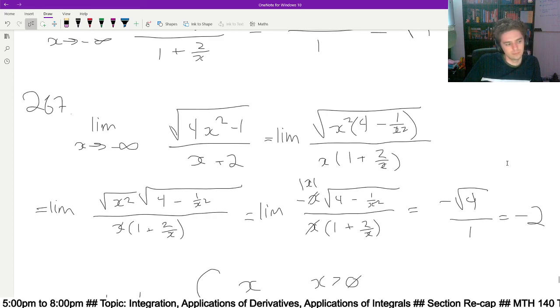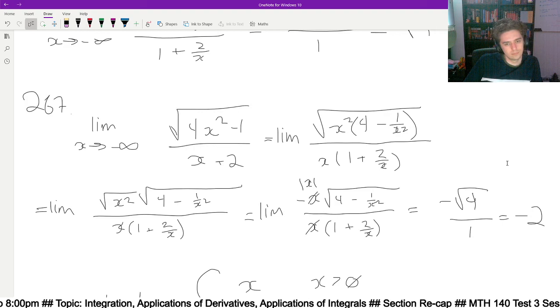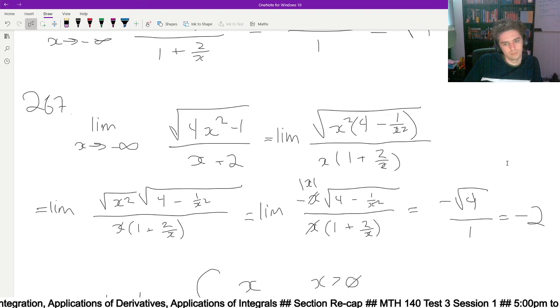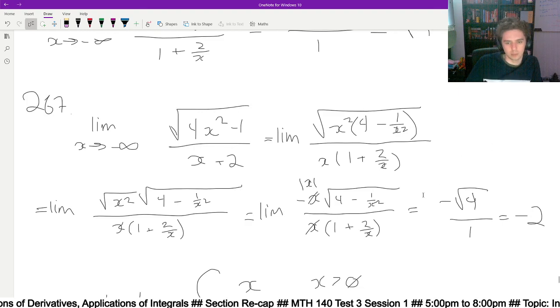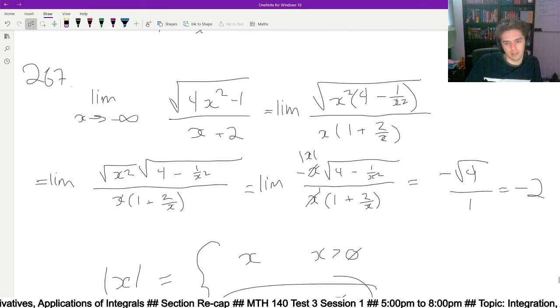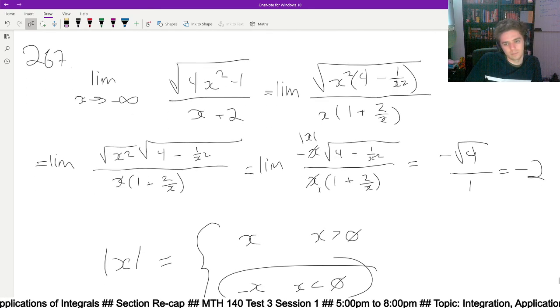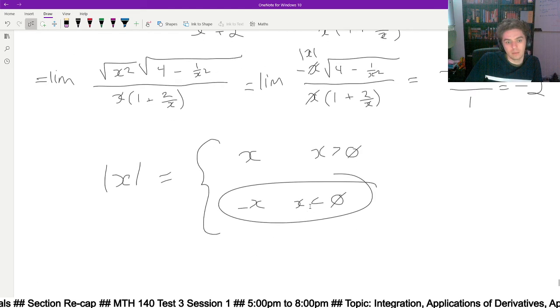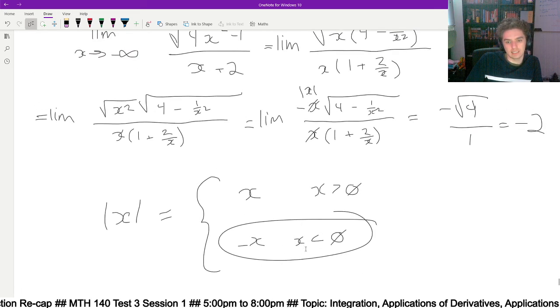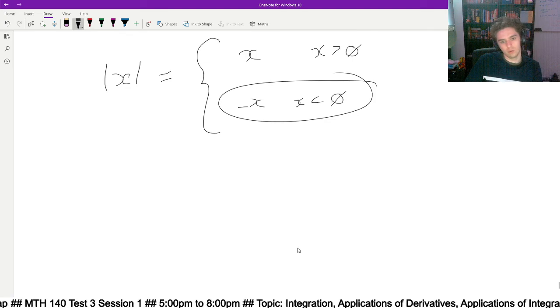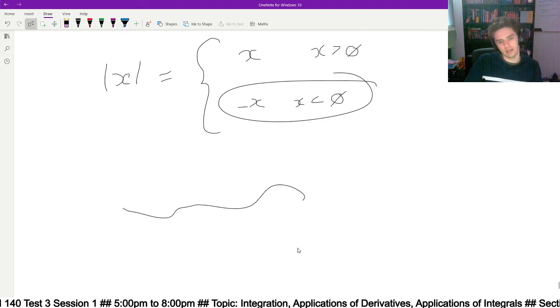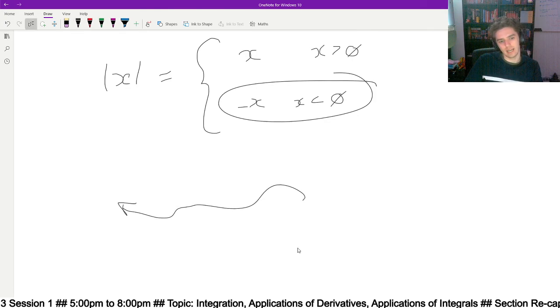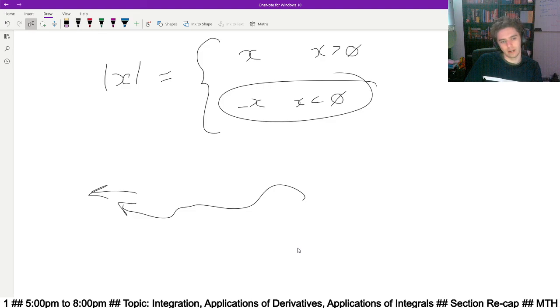Okay, I get everything else except the part where we decide between negative infinity or infinity. How do we decide this absolute value thing? We have some function, and we're going to negative infinity, going that way, all the way that way.